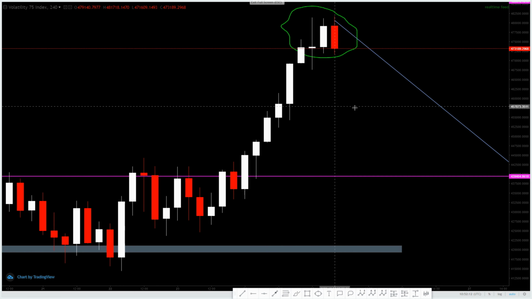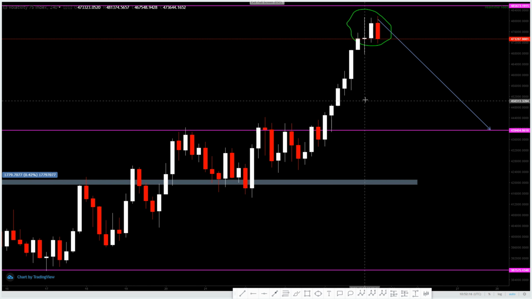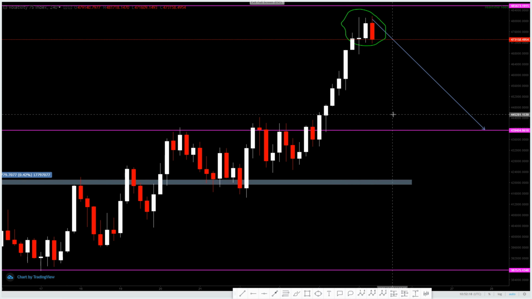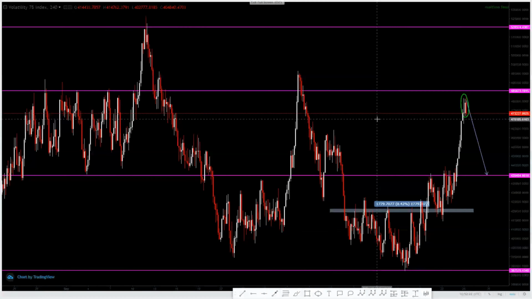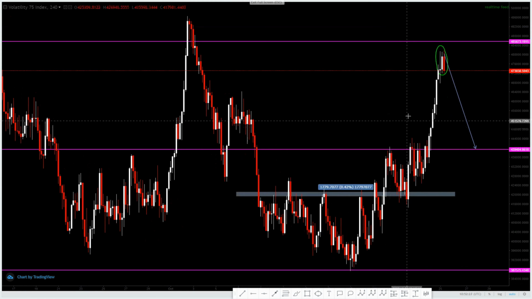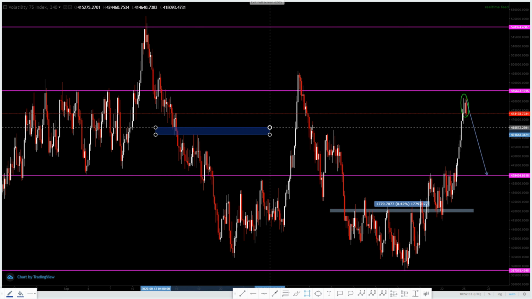So yeah, I will be expecting this particular pair, being Volatility 75, to come down to this point before it will continue to buy to the upside, right? And apart from that, you have to keep an eye on what's going on.